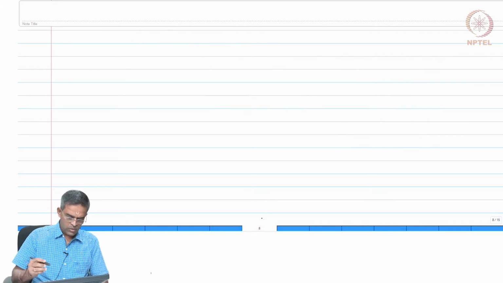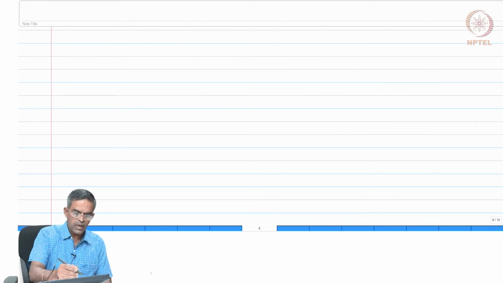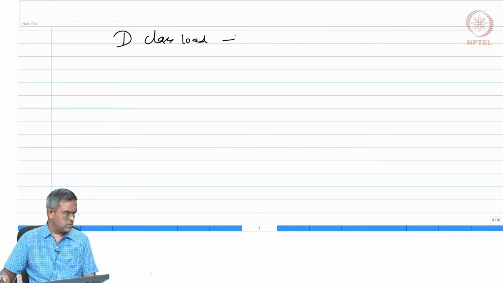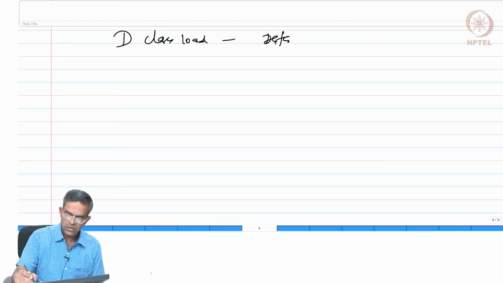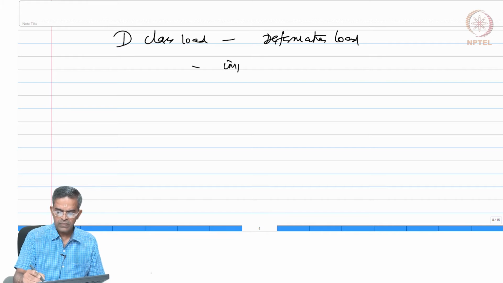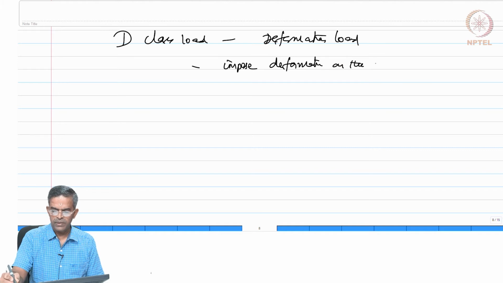When we talk about D class loads, which refer to deformation loads, these loads impose deformation on the members.